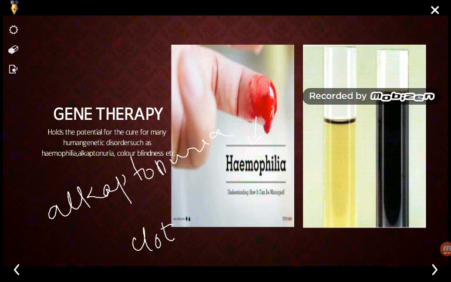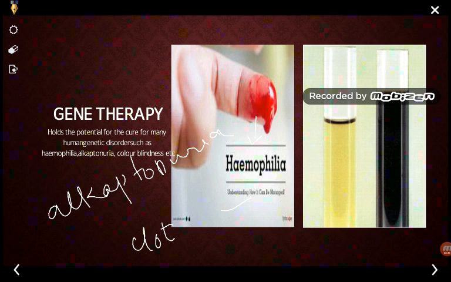This type of defect can be rectified by means of gene therapy. In this picture the hemophilia is seen, where clot formation doesn't take place, and excessive bleeding sometimes may cause death.